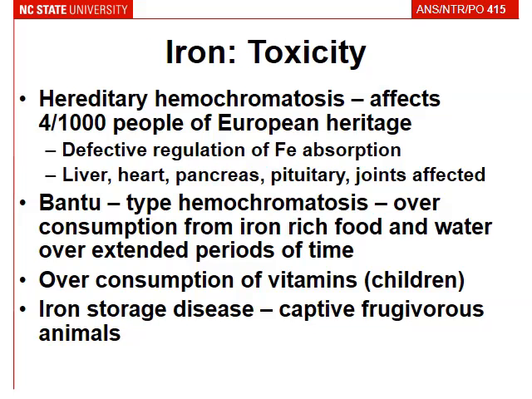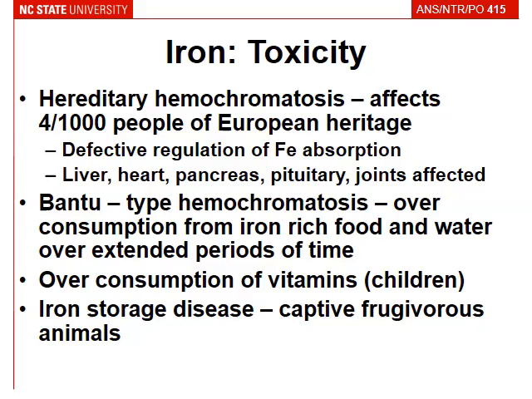Now, out of all the minerals that we're discussing in this class, iron is the most toxic. And we do see some toxicity. There are some genetic components, where we have hereditary hemochromatosis, and that affects 4 in every 1,000 people of European descent.